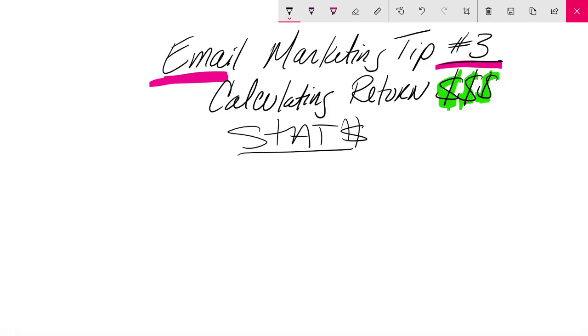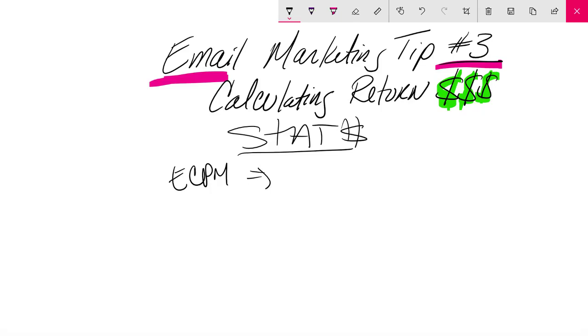So the great thing is today, you're going to learn just one way that you can start to actually calculate your return on email. Now, there are a lot of ways to actually calculate your return on email, and there's so many different amazing ways to optimize on email. But today I'm going to start showing you the one metric that you should be using, which is basically your ECPM.